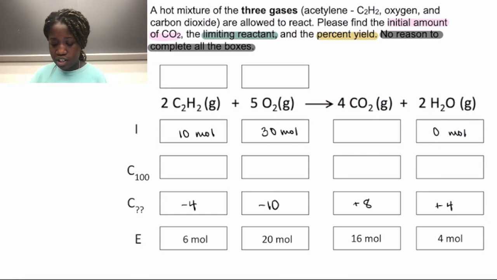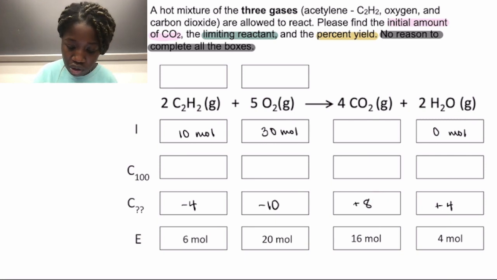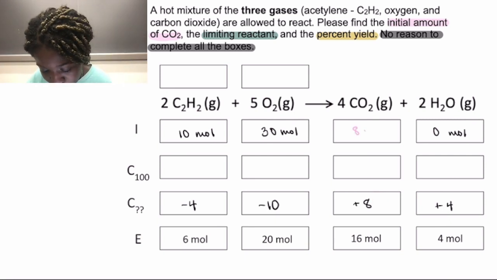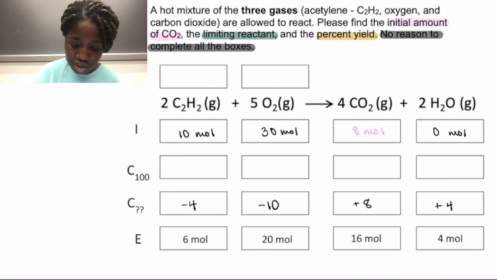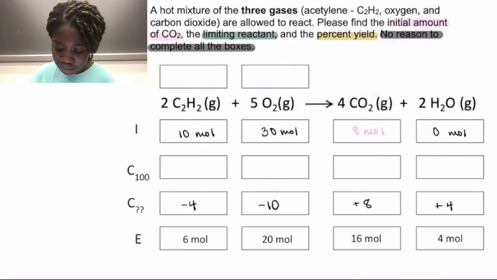And for carbon dioxide, if we had ended with 16 moles and had gained 8 moles, that means that we started out with 8 moles. And as you can see, highlighted in pink, we were supposed to find the initial amount of CO2. And that has now been solved.